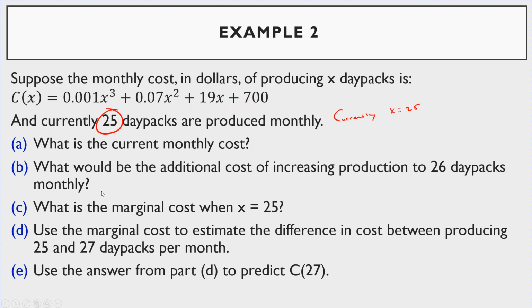So now let's go back. It says, what is the marginal cost? You have to be careful. It's not exactly the difference between C of 26 and C of 25. That's the rough approximation for it. But to actually find the marginal cost, the value we're interested in, we're going to use the derivative.